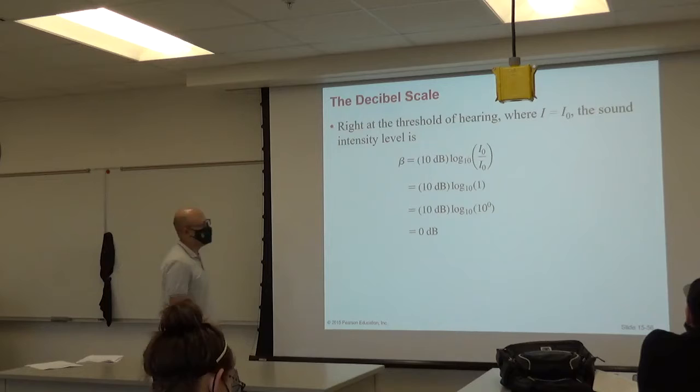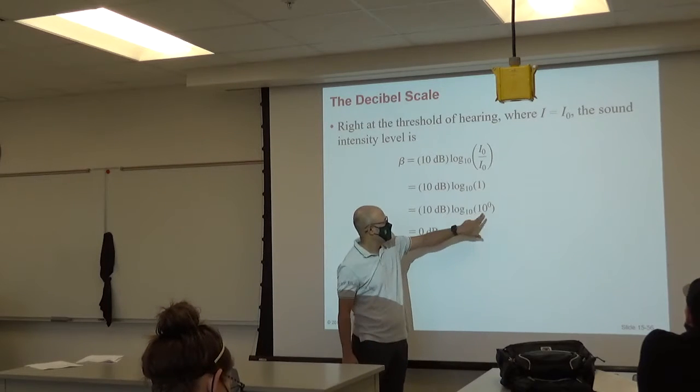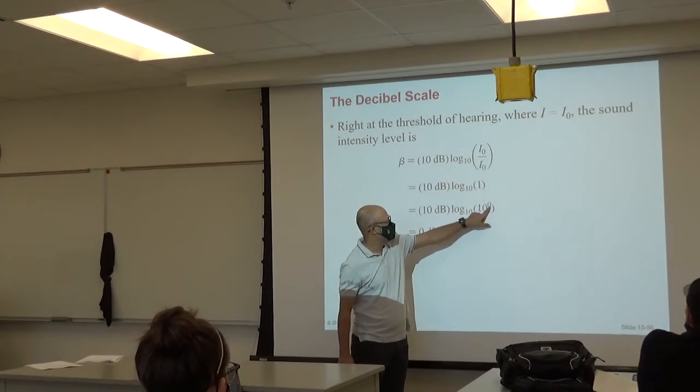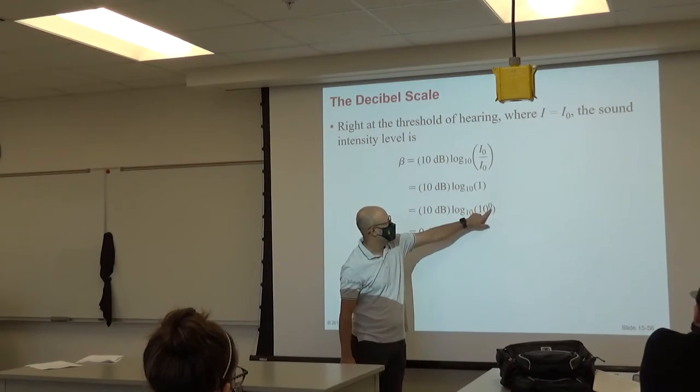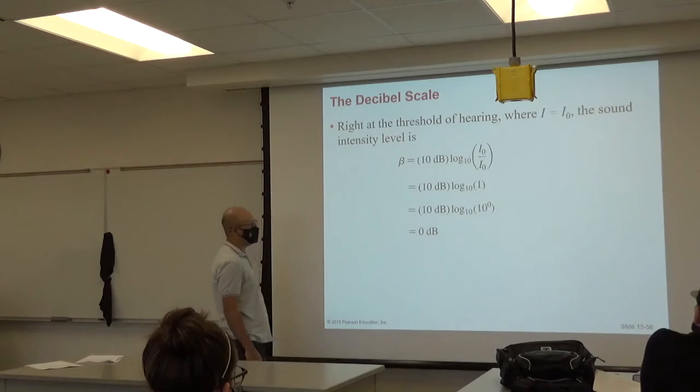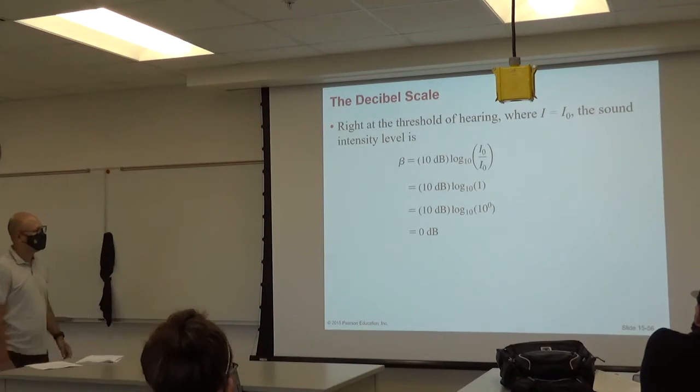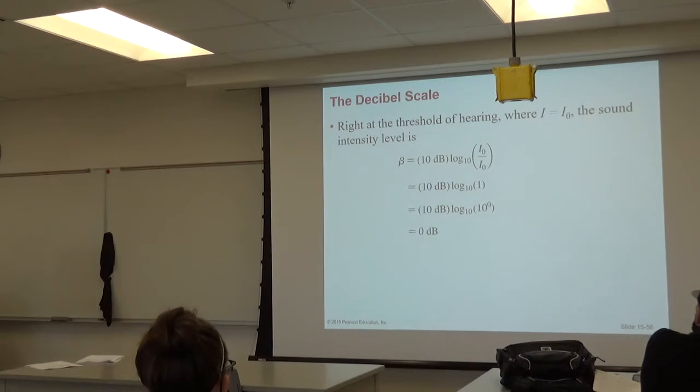Or you don't even need to punch the calculator. 1 means 10 to the 0. You can cancel that, and then you get the value 0 decibel. So 0 decibel is the threshold of hearing.